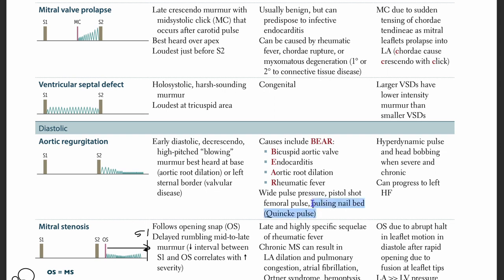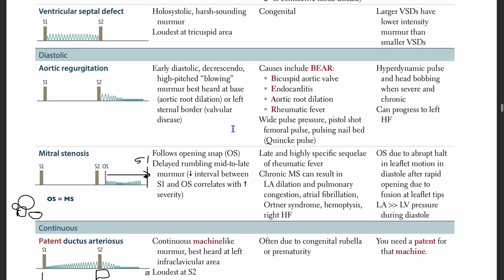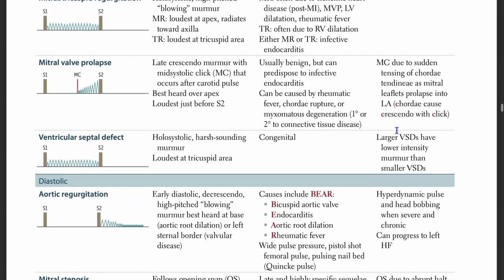Okay, so pulsing nail bed, you get. But if you know water hammer pulse, then that's probably the one they're gonna ask you about. Because what does that do? It makes your head bob, right? So hyperdynamic pulse and head bobbing, when severe and chronic, can progress to left heart failure. Okay, that's it.